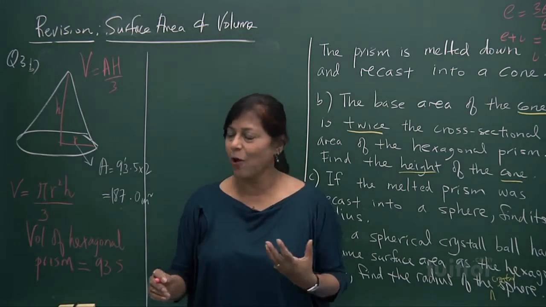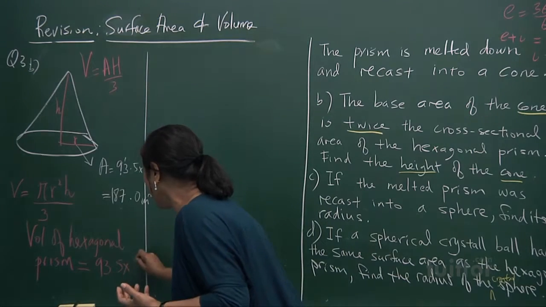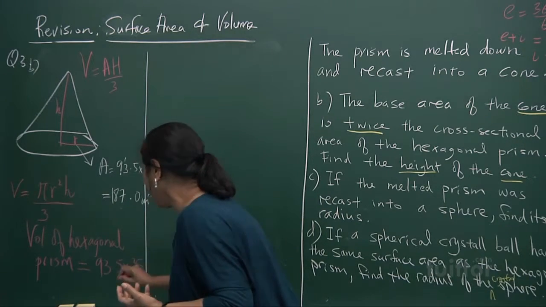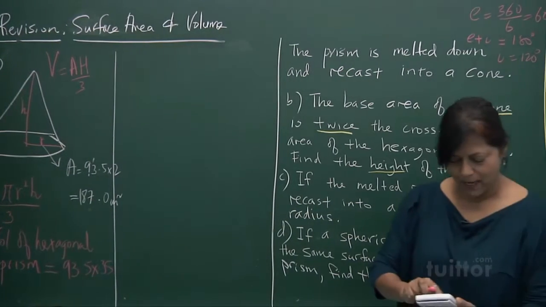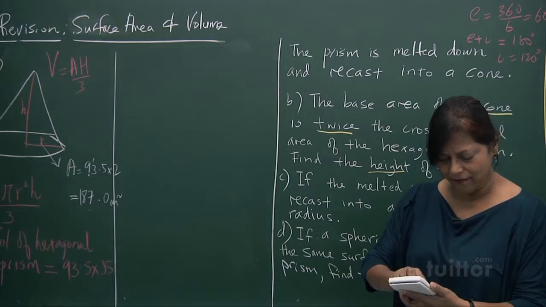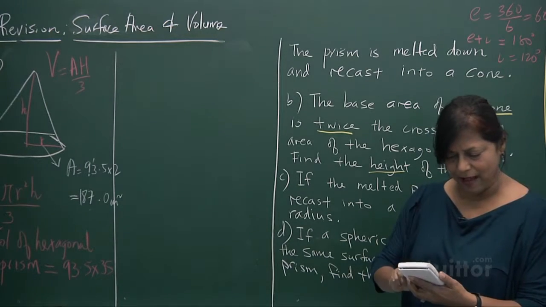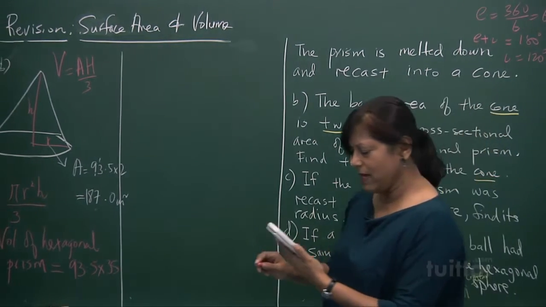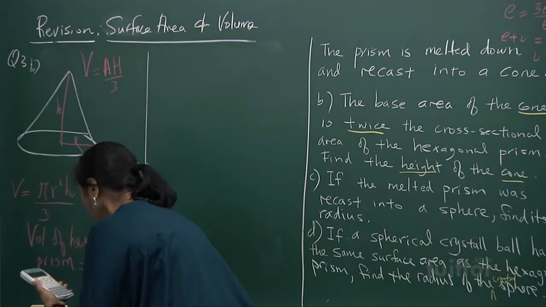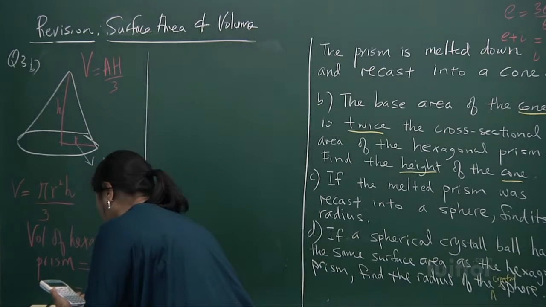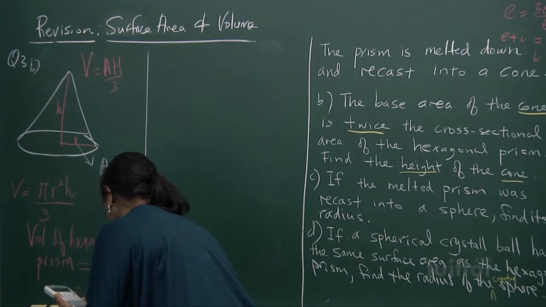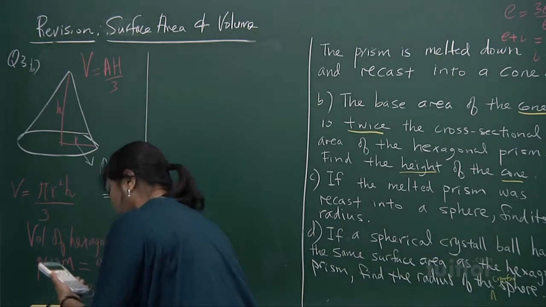All right, please take note. Do not be careless and put 0.35. So when you multiply that, would you get that for me, please? 93.5 times 35. We've got 3272.5 cm cube.